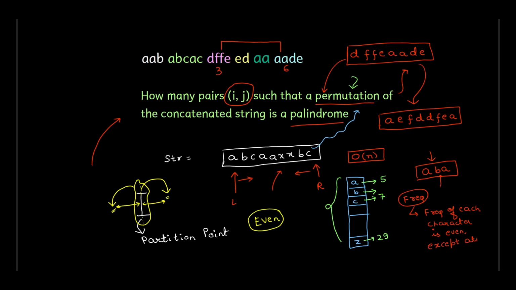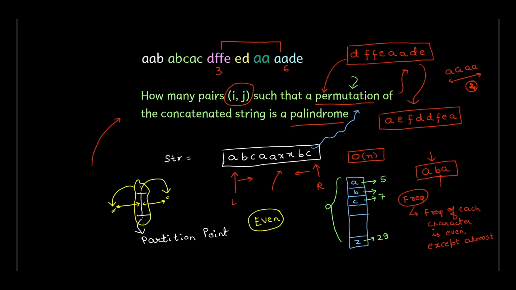It is not necessary that you are guaranteed to have one odd frequency, because this is also a valid palindrome of length 4, where the frequency of all the characters is even.